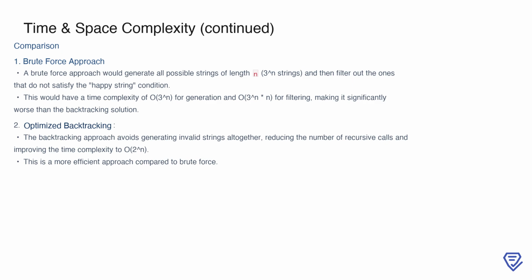This filtering step would require O(3 to the power of n times n) time, as each string needs to be checked character by character. Clearly, this approach is much less efficient than backtracking, which avoids generating invalid strings in the first place. By ensuring that only valid strings are generated, the backtracking solution achieves a significantly better time complexity of O(2 to the power of n), making it a more optimized and effective approach.